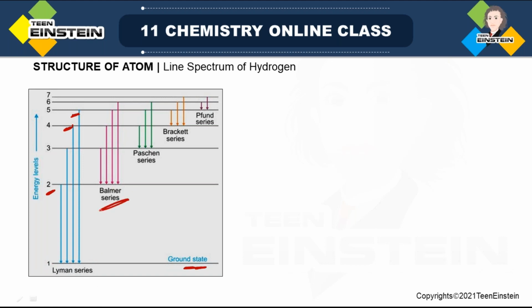Then when n lower is n equal to 2, the possibilities are 3 to 2, 4 to 2, 5 to 2, 6 to 2, represented by these pink lines, and it is the Balmer series. Then the Paschen series, Brackett series, and Pfund series follow the same type of format.